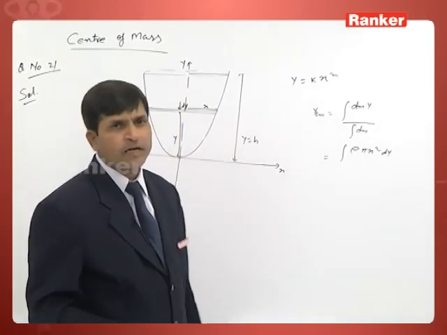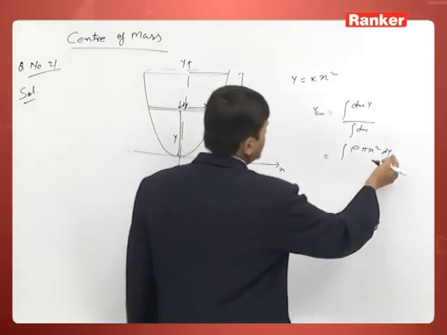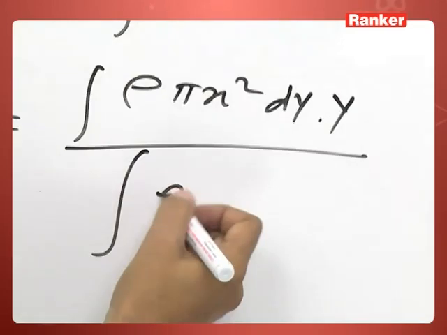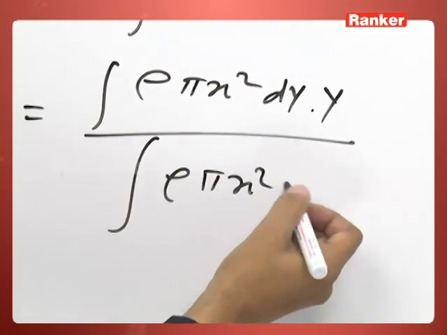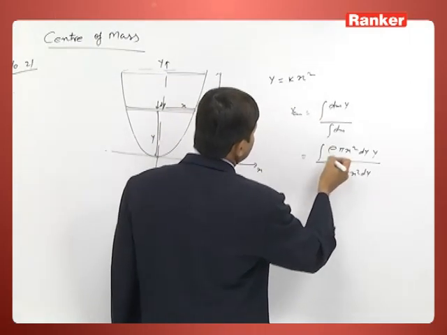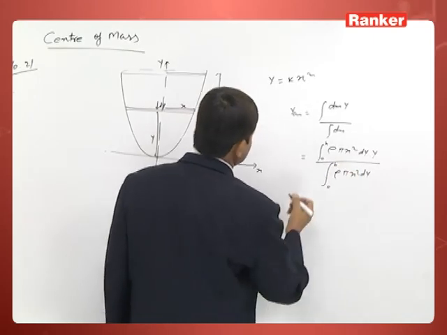The pi x square will be the area, dy the thickness, into y, center of mass, rho pi x square dy. Now the limit of y is 0 to h.